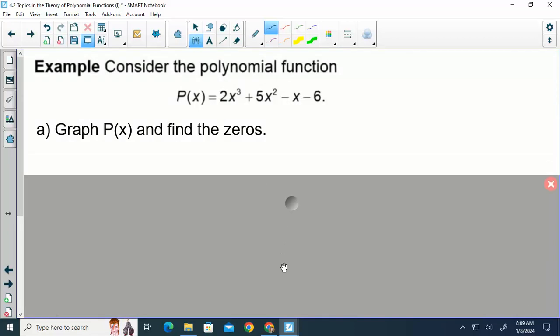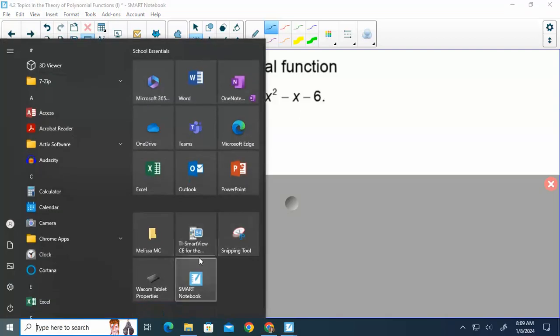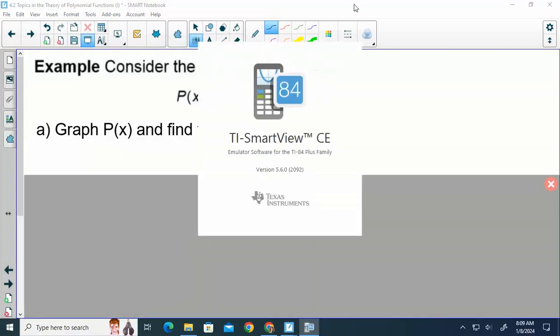And I want to kind of draw some connections with this example. So the first thing I want you to do is graph this polynomial and find your zeros from the graph. When I'm asking for zeros, what am I asking for on your graph? Where it hits the x-axis. Right, x-intercepts, where it hits the x-axis.